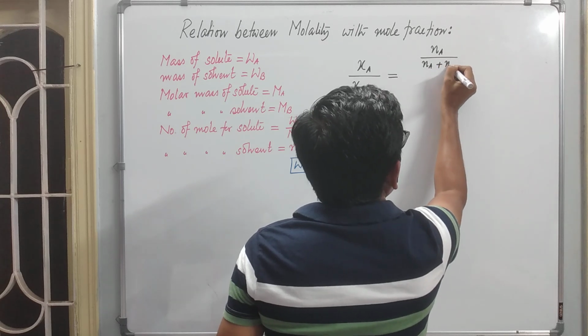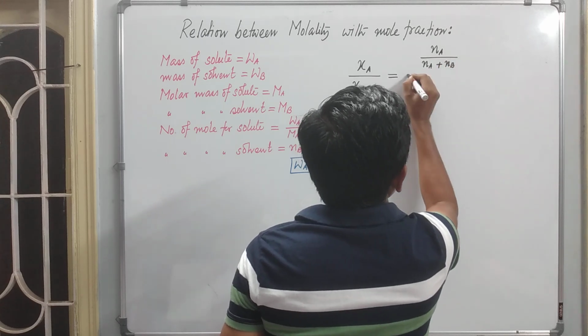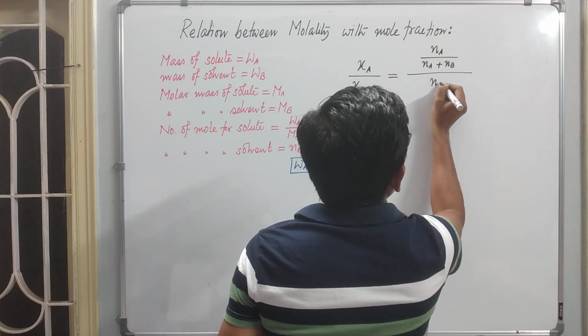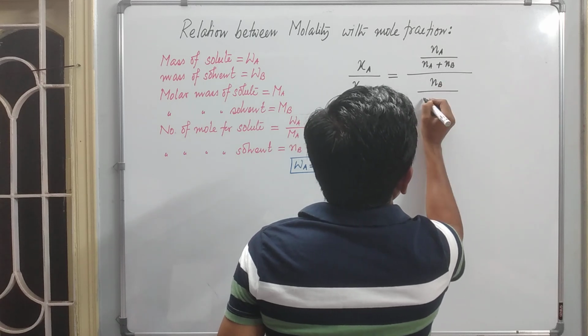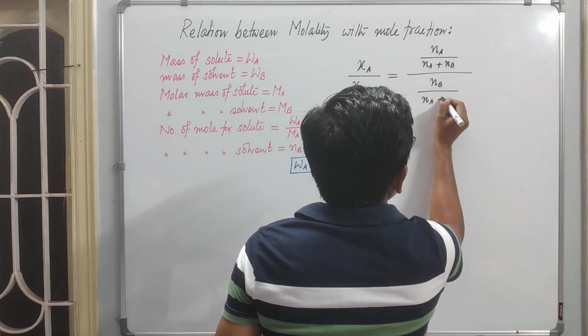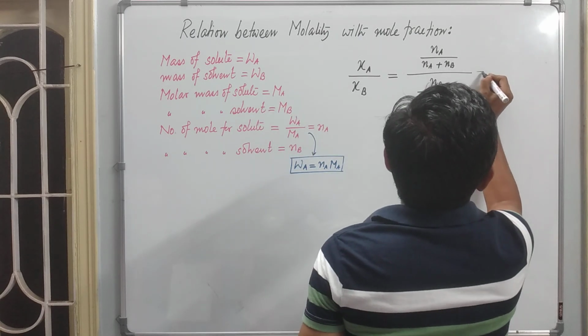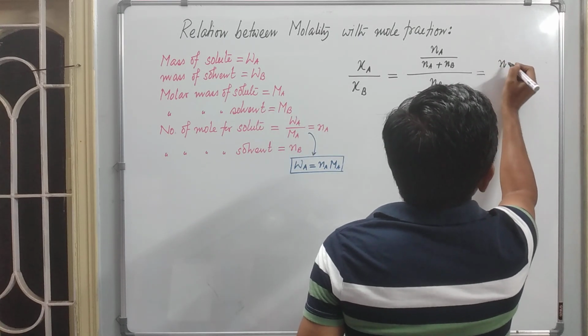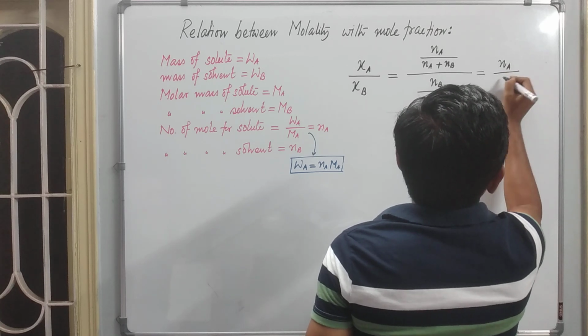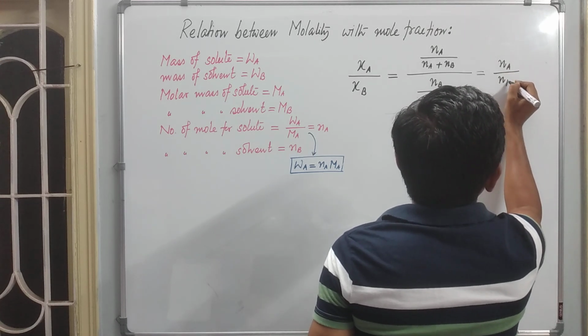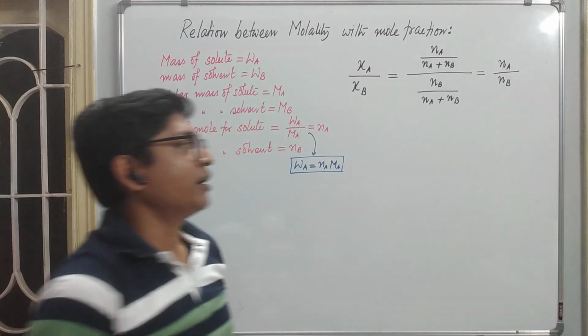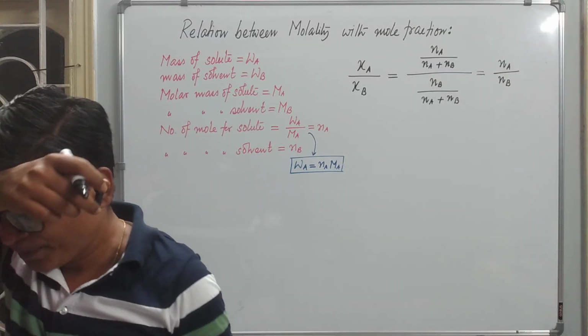This is how to get the mole fraction of solute, that is our A, and the mole fraction of B. Right? This one we have understood just now. So if we simplify it, we will see that this becomes the number of moles of solute A divided by the number of moles of B.